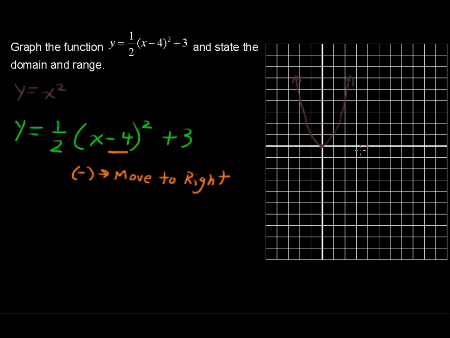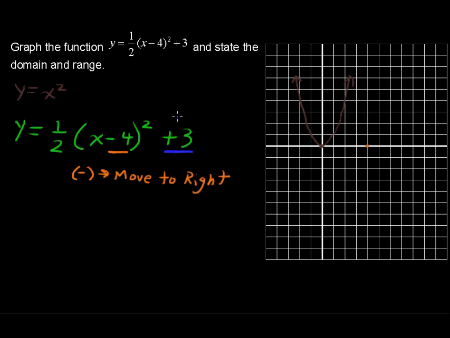Okay, so far we're right here. I'm just going to make a tiny little dot. But also we have to consider this. Inside the parentheses goes in the opposite: negative goes to the right and positive goes to the left. But outside the parentheses here, this just plays it straight. This is a positive 3.